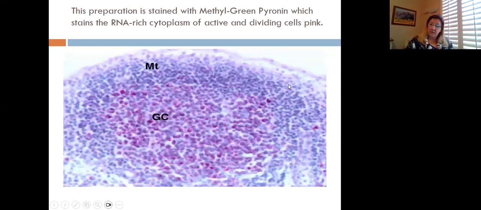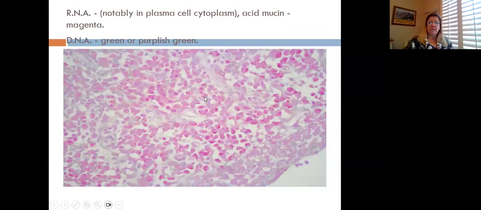And this is what it looks like. So you can see the reactions that are happening. Your methyl green pyronin will stain your RNA-rich cells and your dividing cells pink. This is another one.